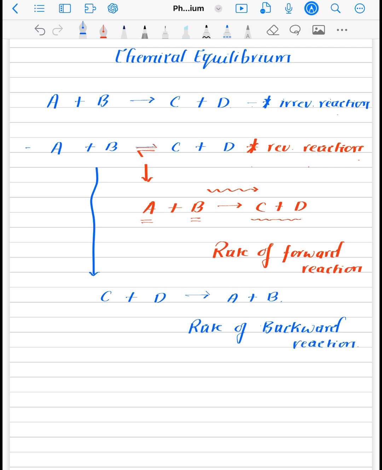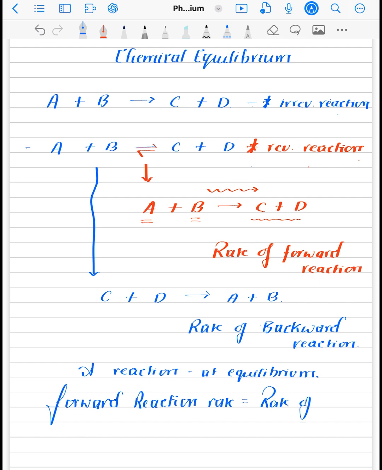Now, usually what happens is that whenever a reaction is at equilibrium, the rate of the forward reaction becomes equal to the rate of the backward reaction.